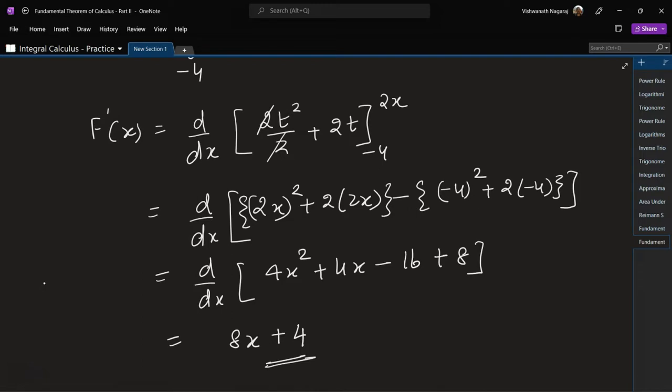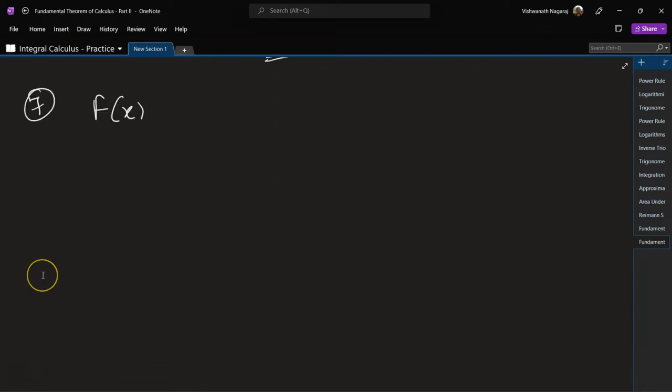Okay. Now seventh one, f of x is equal to integral of minus 3 to x square of minus t square minus 4t minus 5 dt.